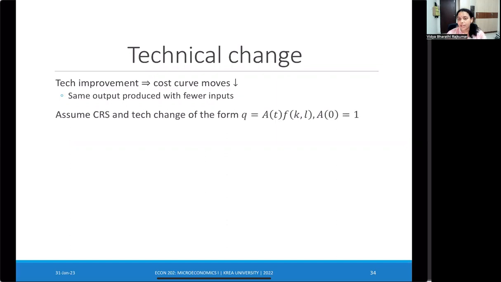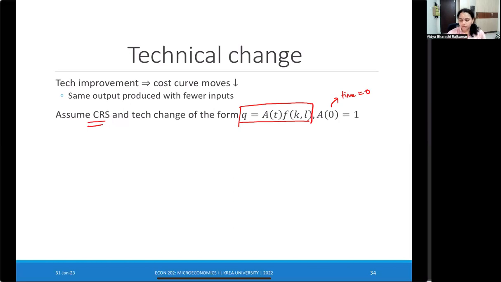Let's define a production function here. So let's assume that this function follows constant returns to scale. And we have a production function of this form, A(t) times f(K, L), where A here denotes the innovation quotient. Now, let's assume that at time 0, this innovation quotient is just 1, and it's going to increase over a period of time.